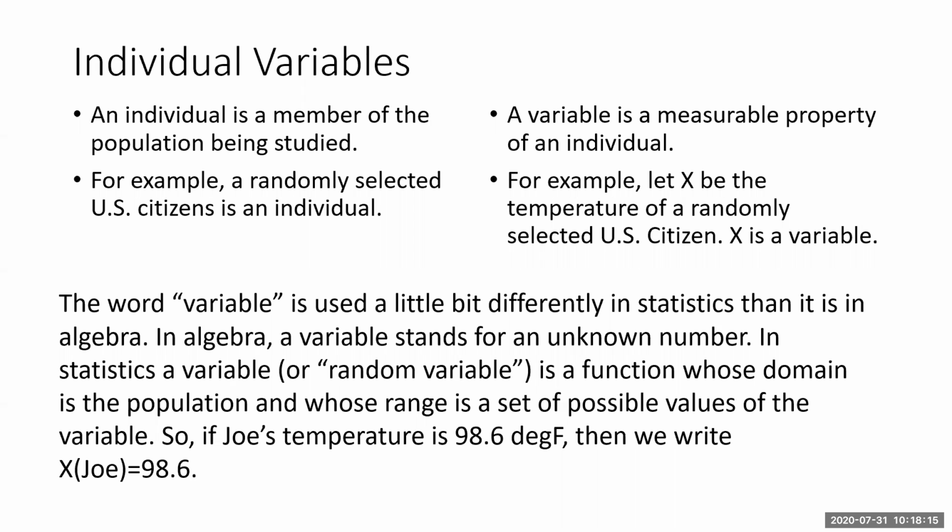But here in statistics, we're thinking about this variable as a function, where you give it an individual and it gives you back a value. So this capital X that I'm using here, the temperature of a randomly selected US citizen, is really a function, and X of Joe might be 98.6.